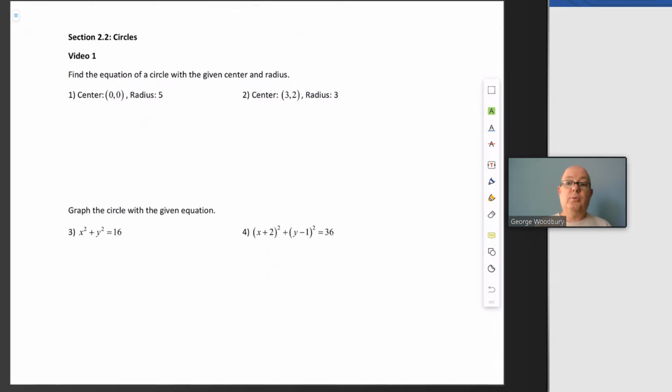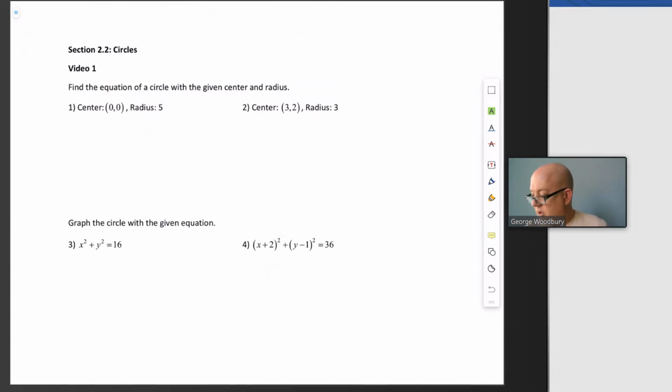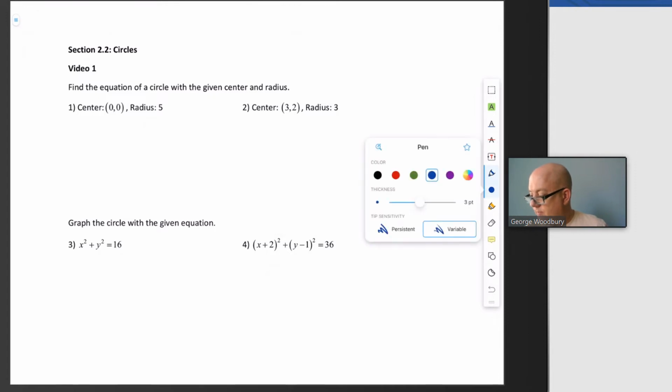All right, so let's work through some of these problems. The first two problems say find the equation of a circle with the given center and radius. When the center happens to be the origin, it's a special case of this. Again, let me just jot down the equation again.